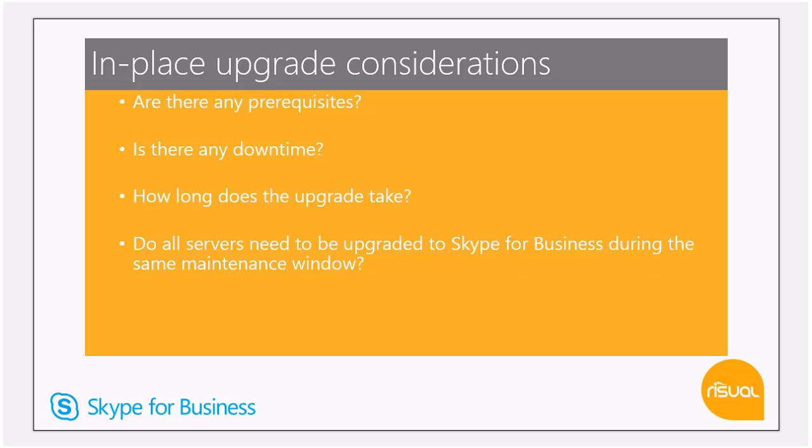So the next question was, do all servers need to be upgraded at the same time? Essentially, I'm going to say no, but for your front ends, you need to upgrade all the front ends in the pool before you can start using that pool for Skype for Business services.